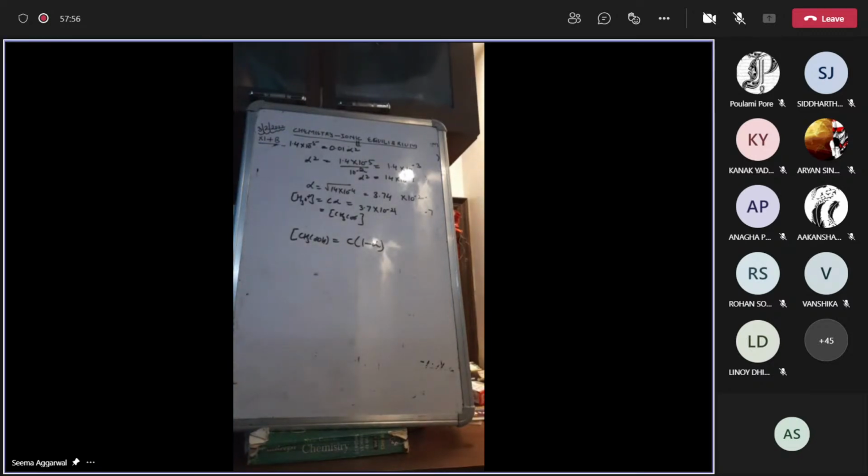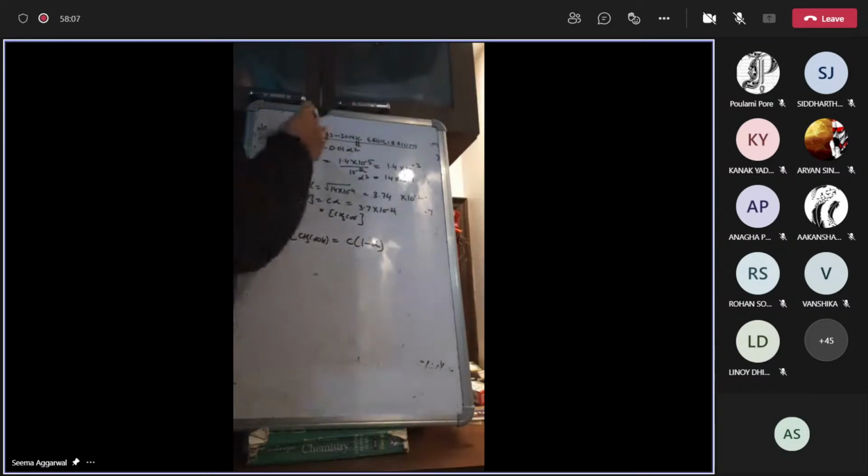Now, similarly, we can extend this concept to the bases. We have done only for acids. Now we can extend this concept for bases also.